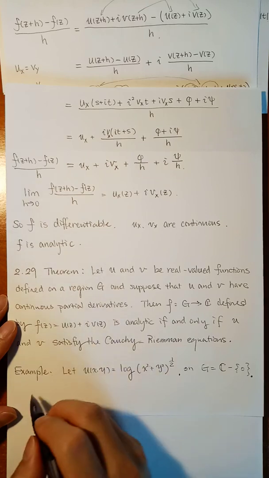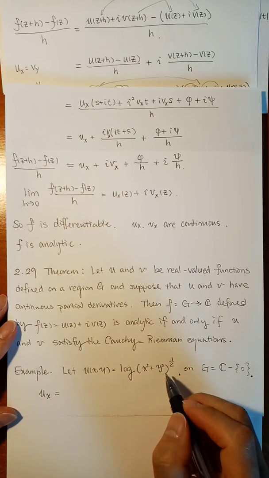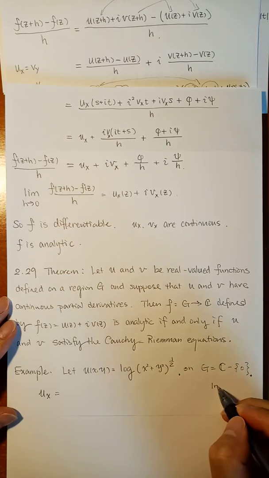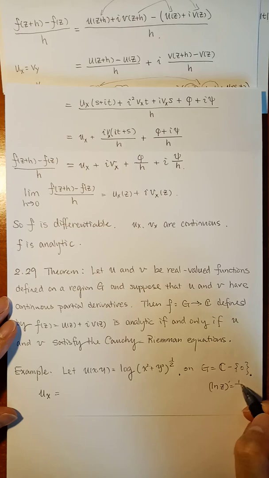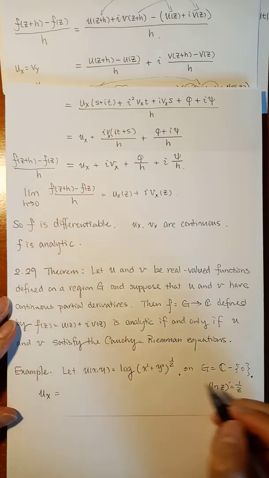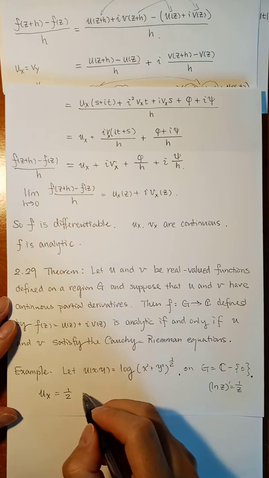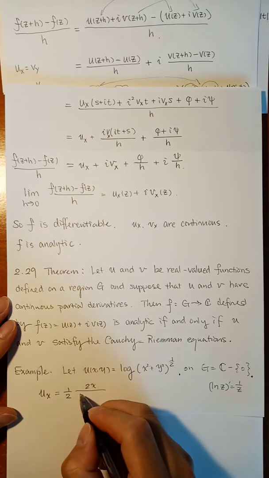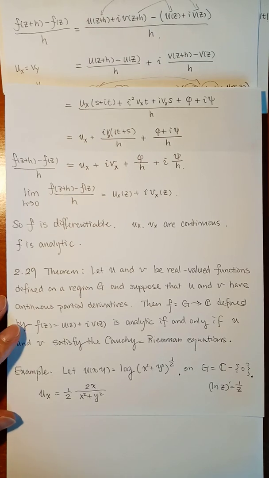So to show u is harmonic, let's compute u_x. Well, the derivative of natural log is 1 over the argument, and the 1/2 you can move forward. So it's 1/2, times 2x over x squared plus y squared, by the chain rule.